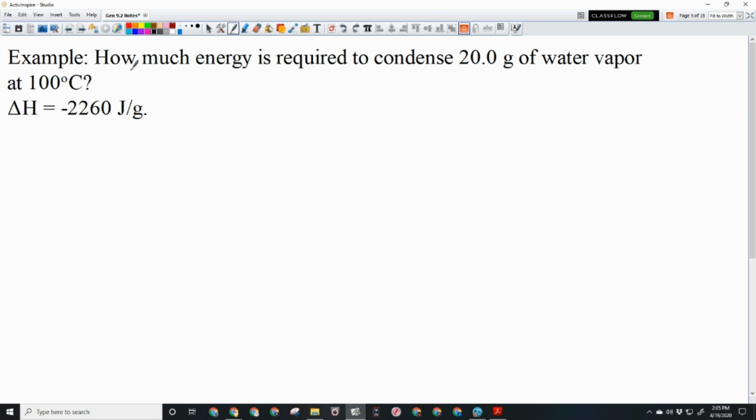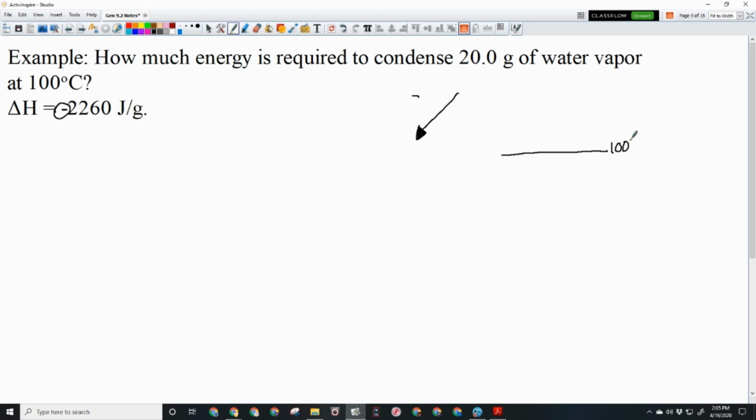So for example, how much energy is required to condense, going this way on the graph? We're condensing, so we're removing energy. So this is going to be a negative number here. You see the negative sign there. 20 grams of water vapor at 100 degrees Celsius.